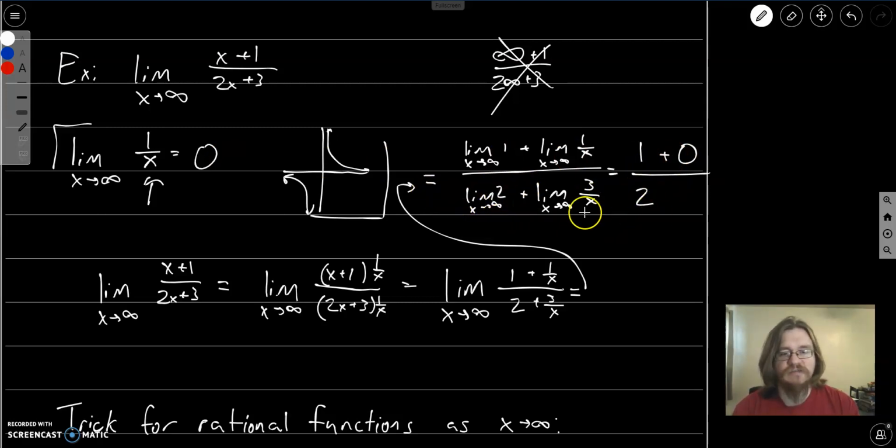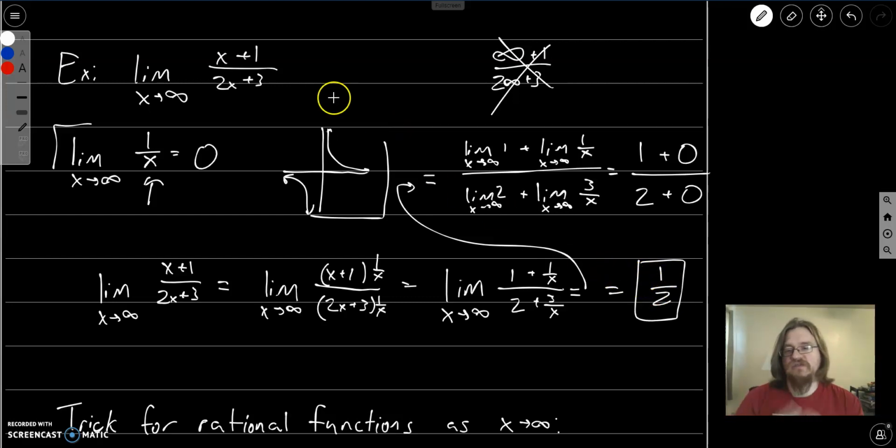It never changes. And the limit as x approaches infinity of 3 over x, I can think of this as 3 times the limit as x approaches infinity of 1 over x, and that limit is 0. So 3 times 0 is 0. And simplifying this, we get that this is just 1/2.